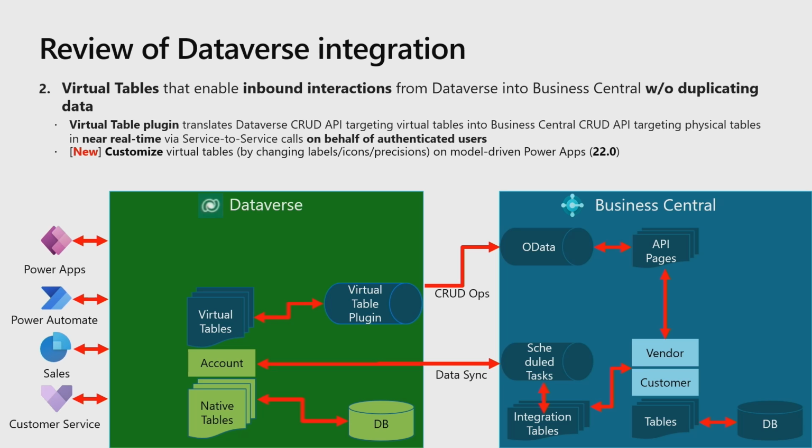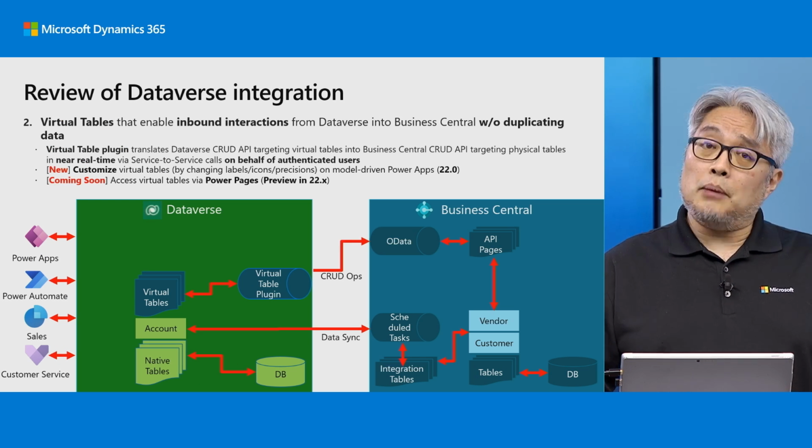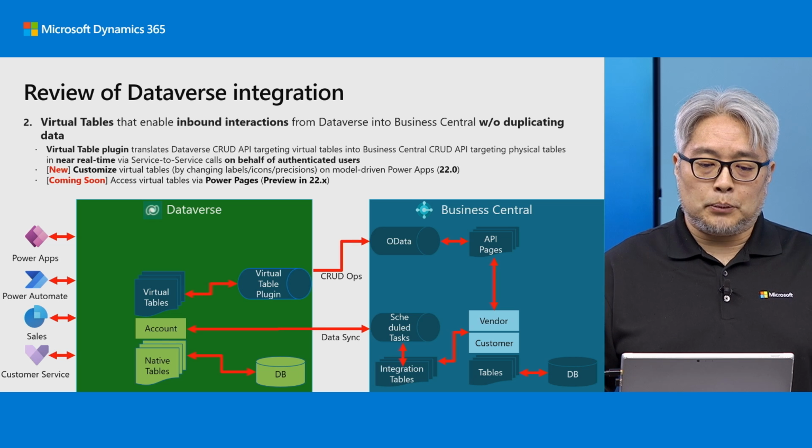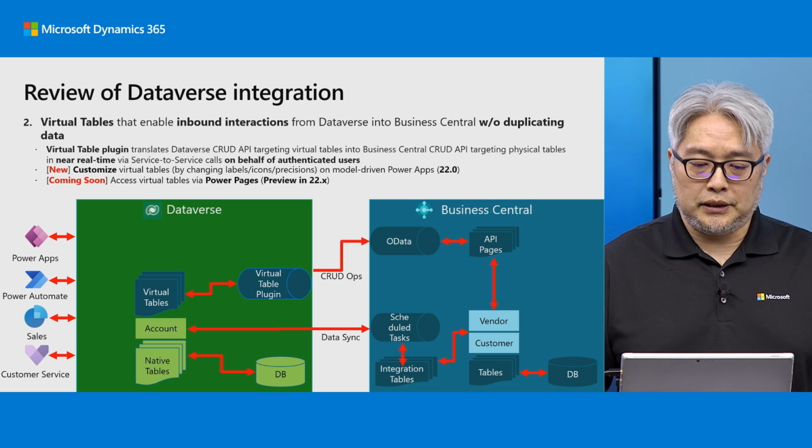For example, there's a new customization feature for virtual tables that will allow users to change the labels, icons, and precisions on model-driven Power Apps. So this will be in the current release, 22.0. And coming soon, we will also release a preview of virtual table access through Power Pages.